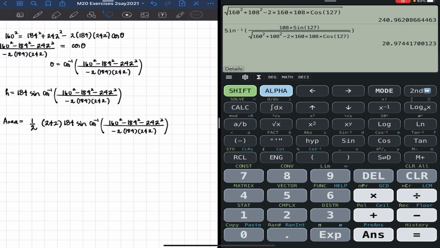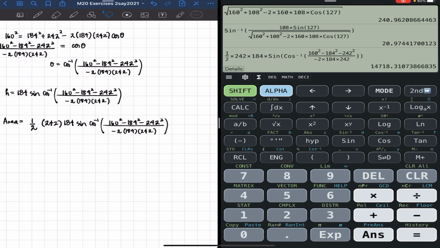Okay, so meron tayong 1/2 times 242 times 184 times sine ng cosine inverse ng 160 square minus 184 square minus 242 square divided by negative 2 times 184 times 242.